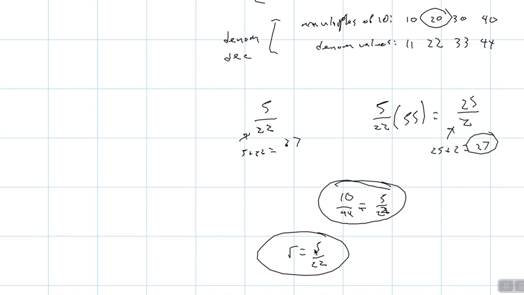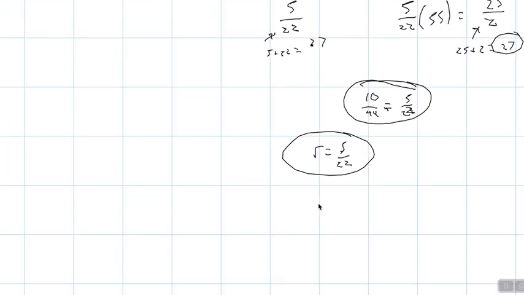Therefore, those are all the cases, when the denominator is a multiple of 11 and when the denominator is a multiple of 5. So all the elements of S are just 5 over 22 and 2 over 25.